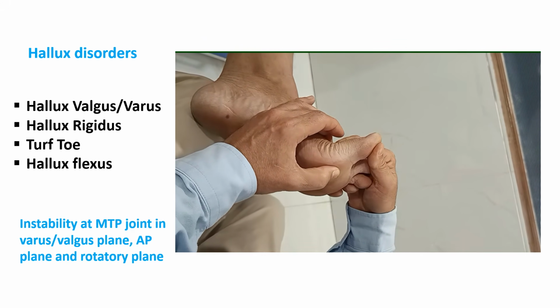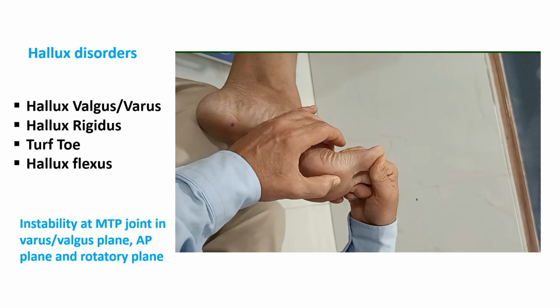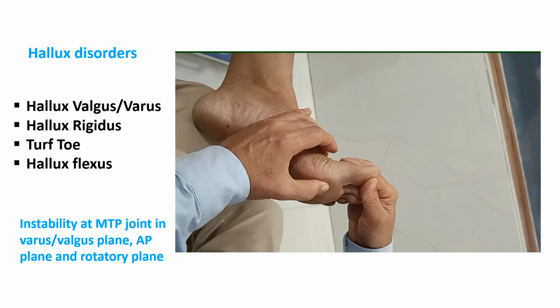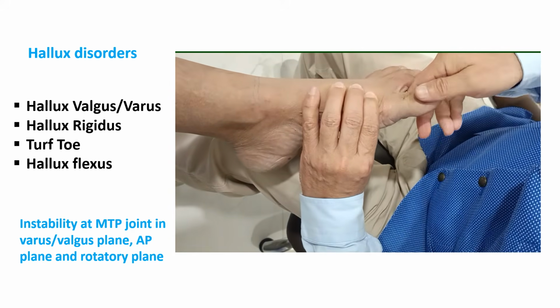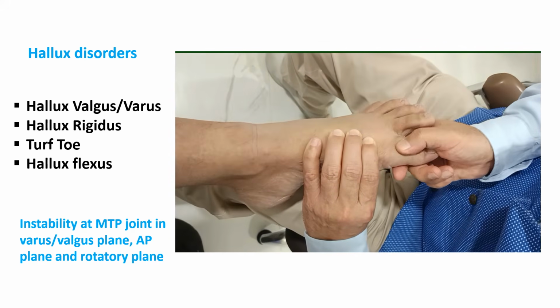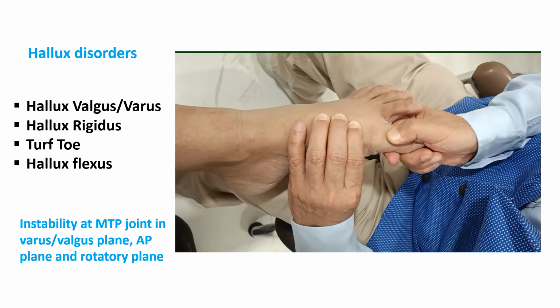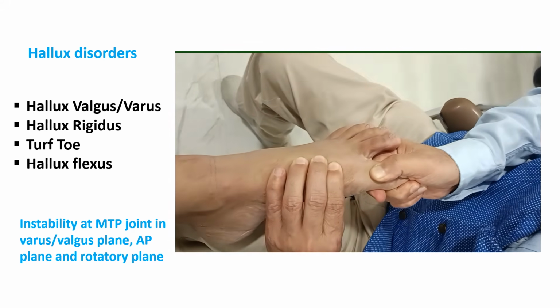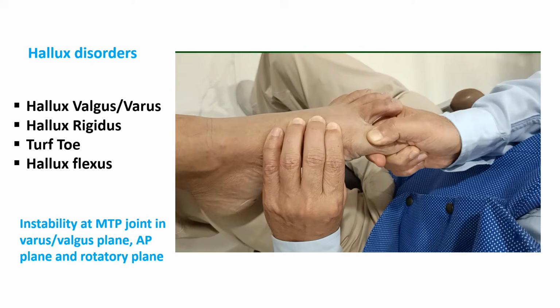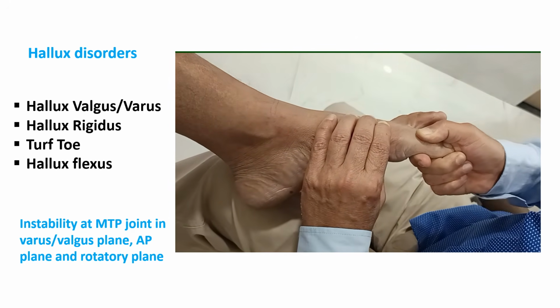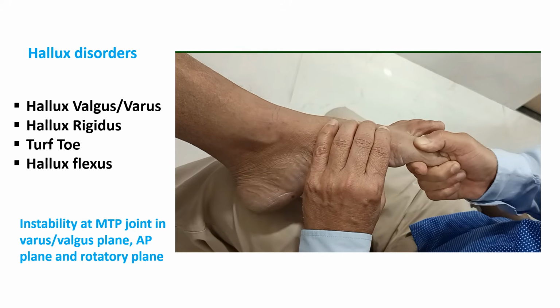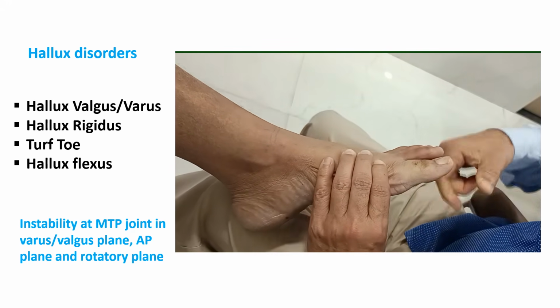And in extreme cases, you may have an instability at the MTP joint, which can be checked by holding the first metatarsal with one hand and the proximal phalanx with the other hand, and then translating the proximal phalanx anteriorly and posteriorly, just like a draw test to see if there is any instability.